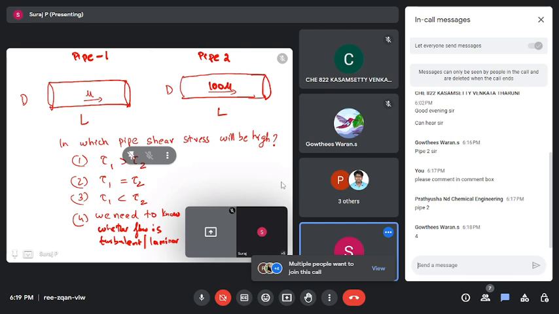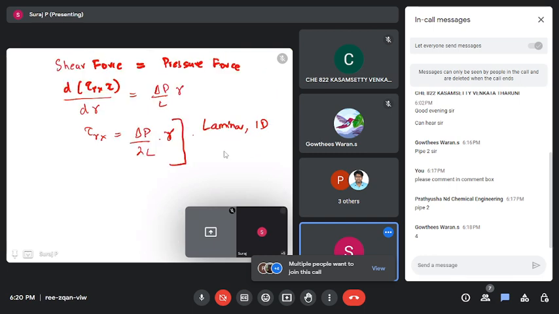Moreover, this equation is applicable only for laminar, and it should be one dimensional, and the flow should be fully developed. So we need to know what is fully developed.